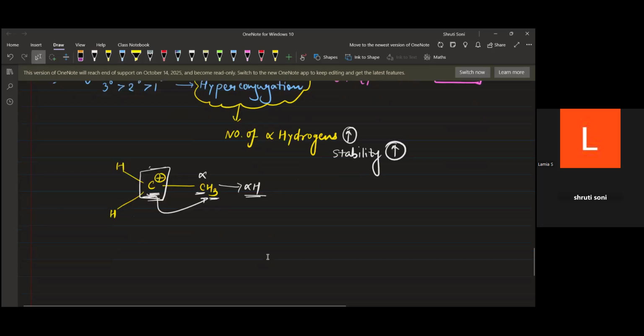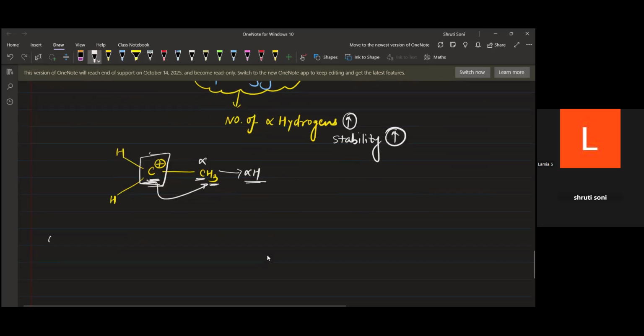Okay, so let's suppose I'm giving you some examples. Tell me which structure is more stable, A, B, or C?